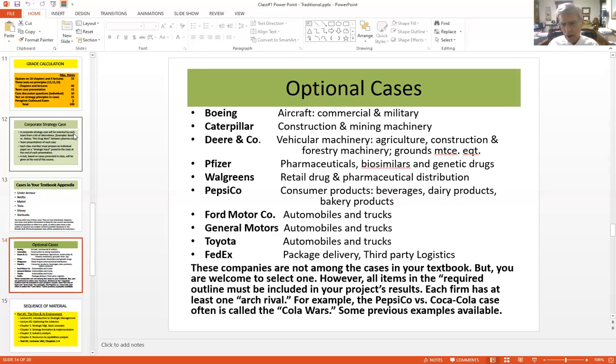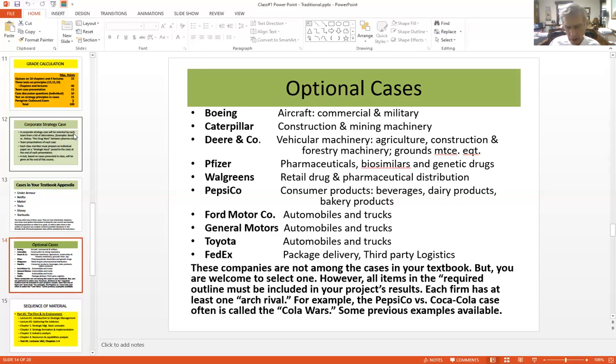So these are cases that you can choose if you don't want to use those cases that I've identified that are in your textbook. You're welcome to use those cases in the textbook, and the case material in the textbook is going to help you. It's going to make it a little easier, I think.